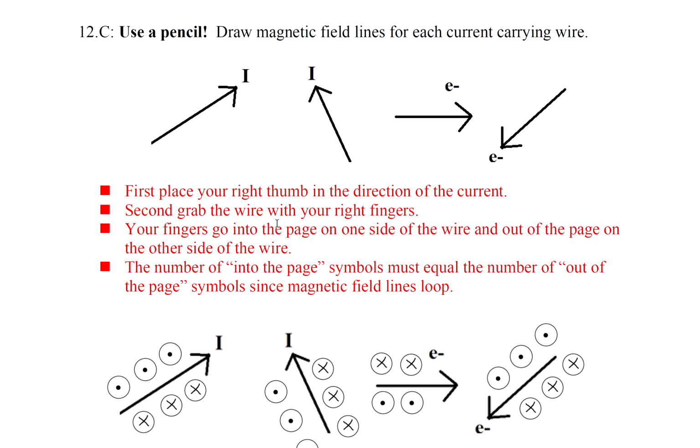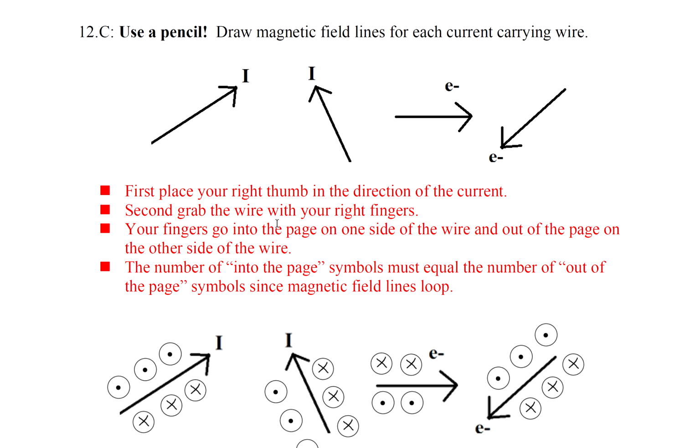Question 12. Draw magnetic field lines for each current carrying charge. So first, place your right thumb in the direction of the current, then grab the wire with your right fingers. Your fingers go into the page on one side of the wire and out of the page on the other side of the wire.